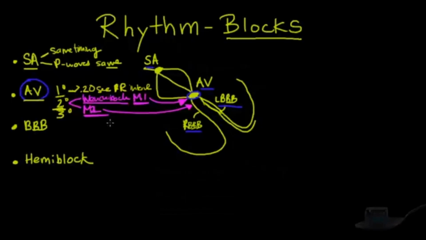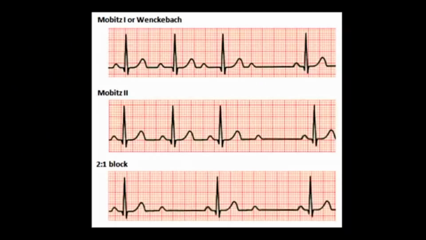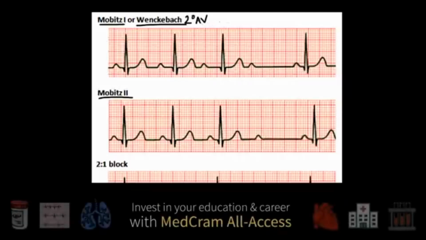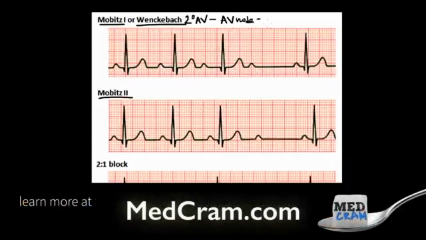So let's go ahead and take a look at what they look like. Okay, so here's a good example. Here we have Mobitz type 1, as we mentioned, otherwise known as Wenckebach, and we have Mobitz type 2. We'll talk about 2-to-1 block in just a second. Remember what we said, Mobitz type 1 is a second degree AV node block that occurs actually in the AV node, and it is affected by parasympathetics.